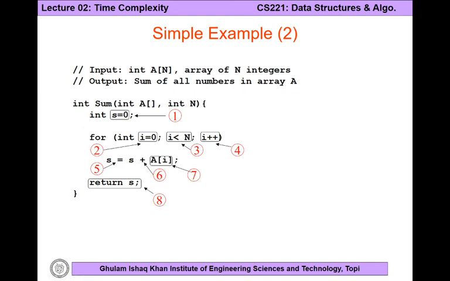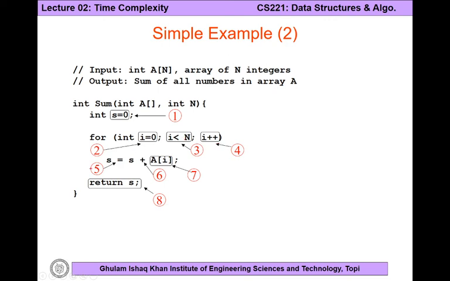The first task in analyzing the performance of the piece of code is to find the set of basic statements which are being executed. If you see here, statement number 1 assigns an initial value to a variable. Then we have a for loop, which has 3 statements: initialization, condition, and increment or decrement.